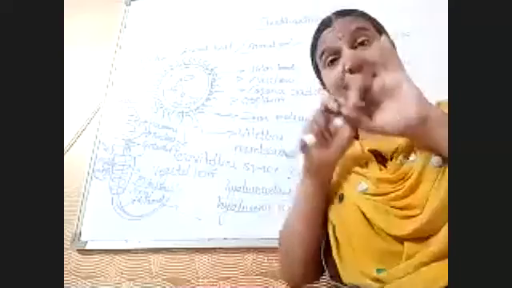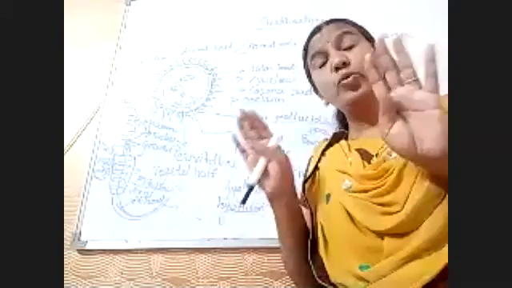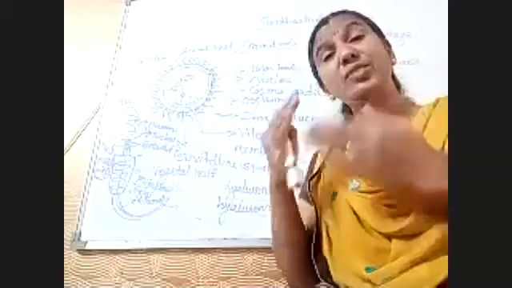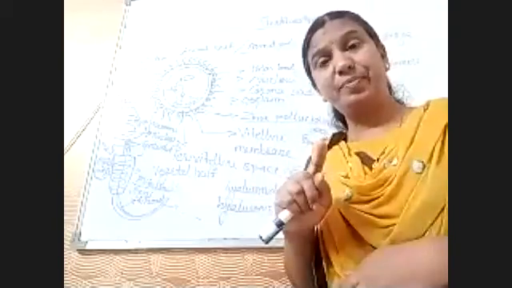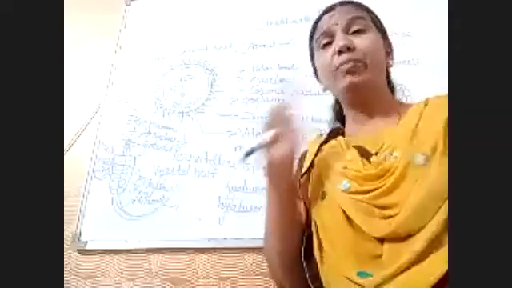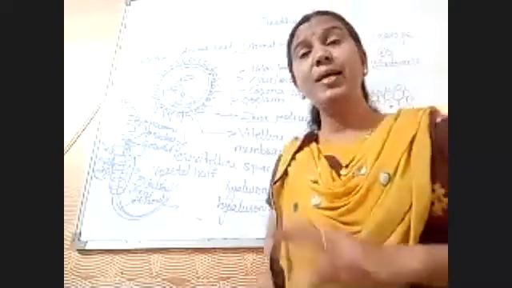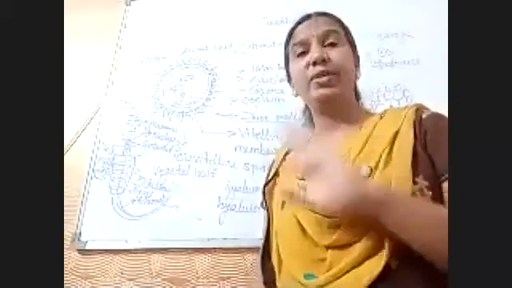Sometimes it may remain attached, or it will split up into 2. So here the placenta which will be formed will be single. They will grow in a single placenta, so they will be totally identical. If male, both will be male, if female, both will be female, and they will be a copy of each other.